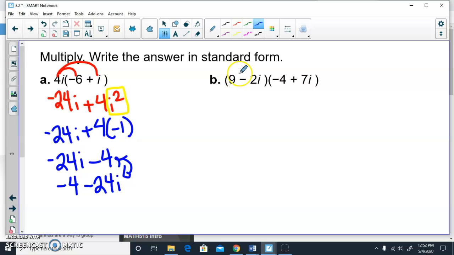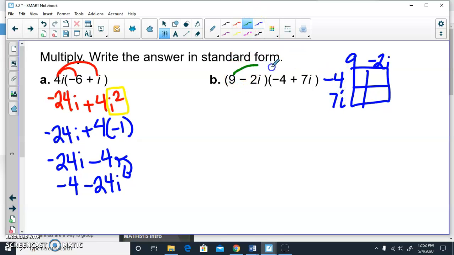All right, one more. Here we have binomial multiplication. So you have options from your math past. You may have used a box method, and if that works for you, certainly you can use that box method and multiply those binomials. You can also use the distributive property twice. So multiplying 9 times negative 4, 9 times 7i, and multiplying negative 2i times negative 4.